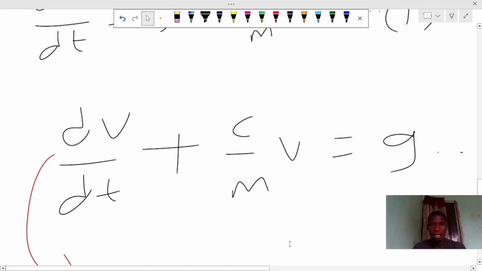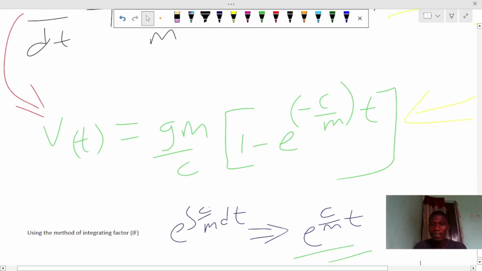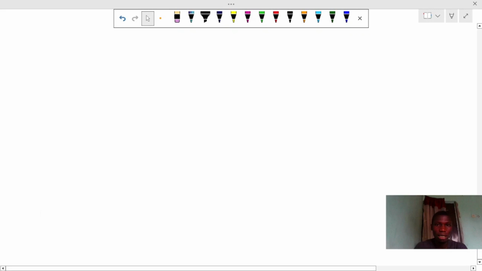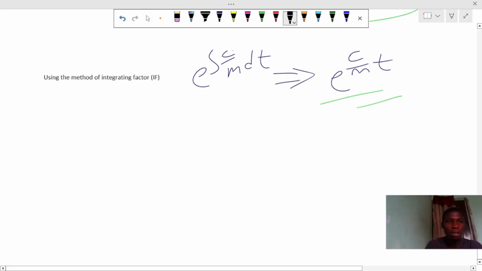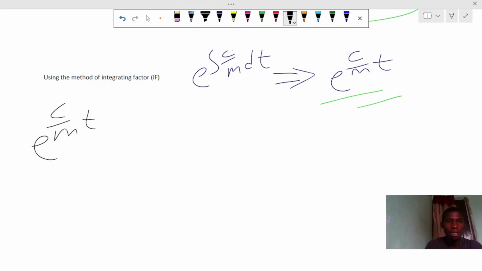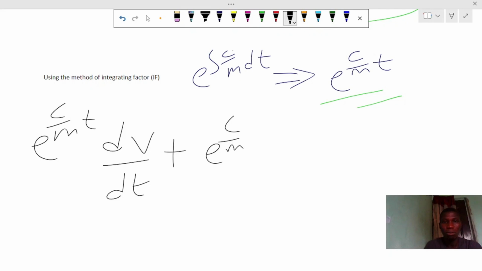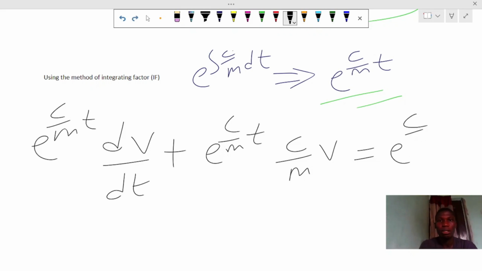When we use this integrating factor, e raised to the power c over m t, to multiply, we are going to have e to the c over m t, then dv dt, plus, multiplying this also, c over m v, equals g. So this is what we have now.